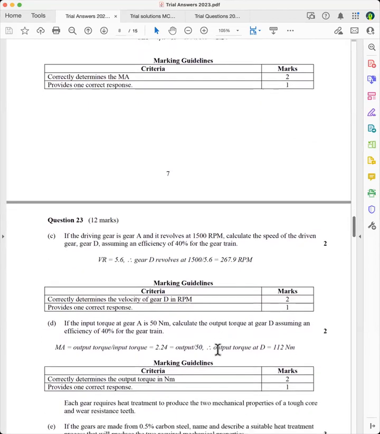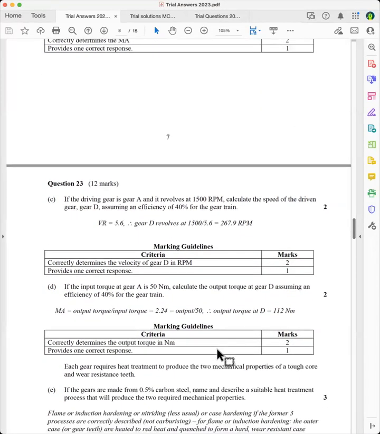faster than gear D. If the input torque, now remember torque is a moment, it's Newton meters, at gear A is 50 Newton meters, calculate the output torque at gear D, assuming an efficiency of 40%. Now, the torque will vary according to the efficiency, mechanical advantage, because of the absorption of energy as a result of rust or lack of lubrication.